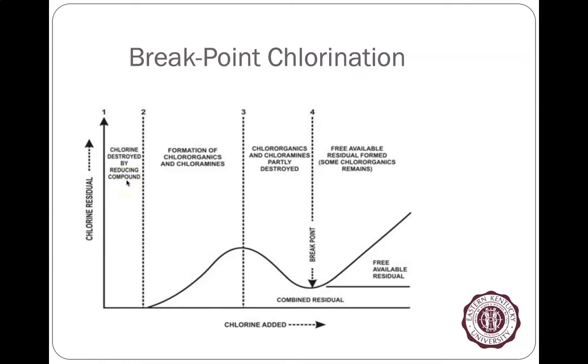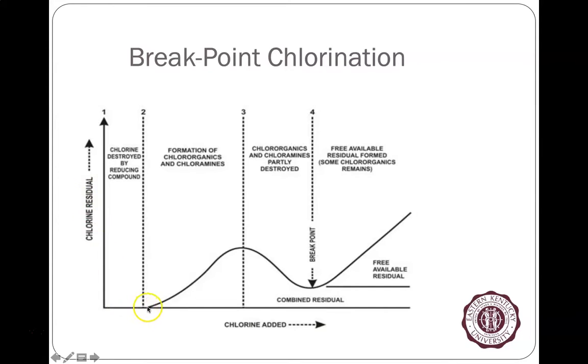So there may be things in the water like free iron, nitrates, ammonia, humic acids. They will start to react with the chlorine, and as they use them all up, there's no residual.